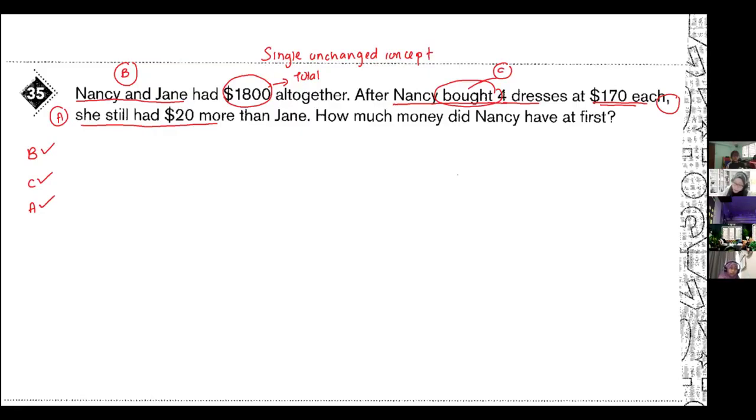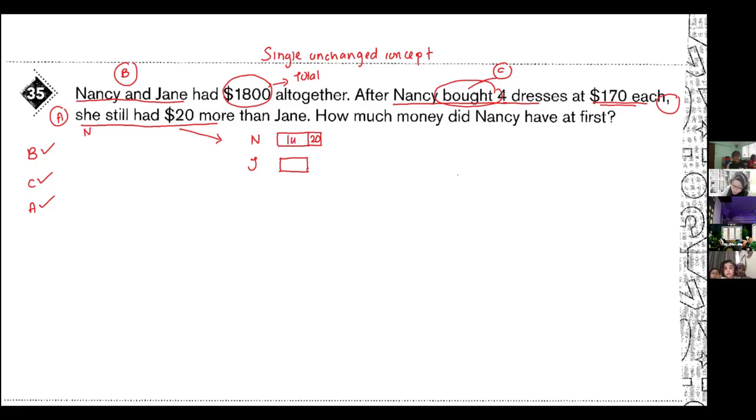Right now, I want to bring your attention to this after. The word she here refers to Nancy. So I have a comparison between Nancy and Jane. So in the end, Nancy and Jane, same model. However, she or Nancy has $20 more. Can you see? So this is a comparison model, which you all know by now. Which means the amount that Nancy and Jane have is actually the same, only that Nancy has $20 extra.